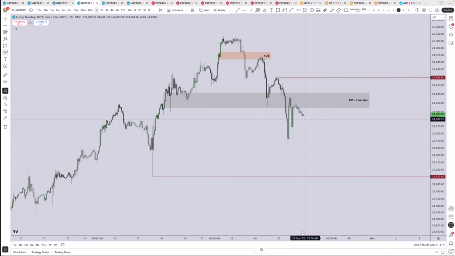For example, if tomorrow a candle closes above this and reclaims this bullish fair value gap, then that means you have a much higher probability that this low is protected and the price wants to expand again. Till the price is trading below that, my bias cannot be bullish, because we are trading under a high probability bearish inversion.